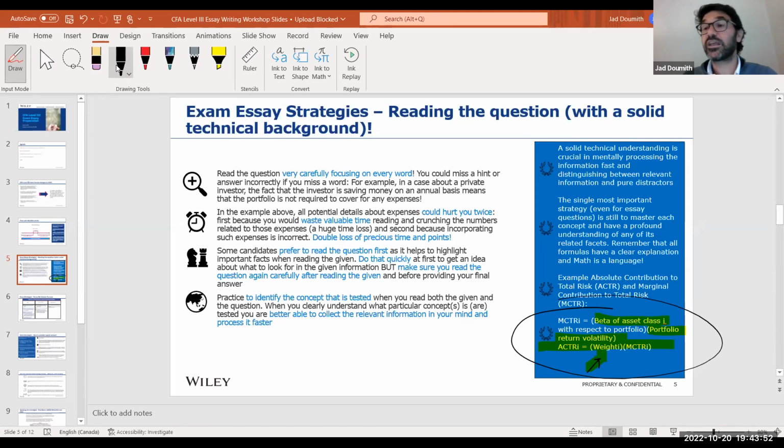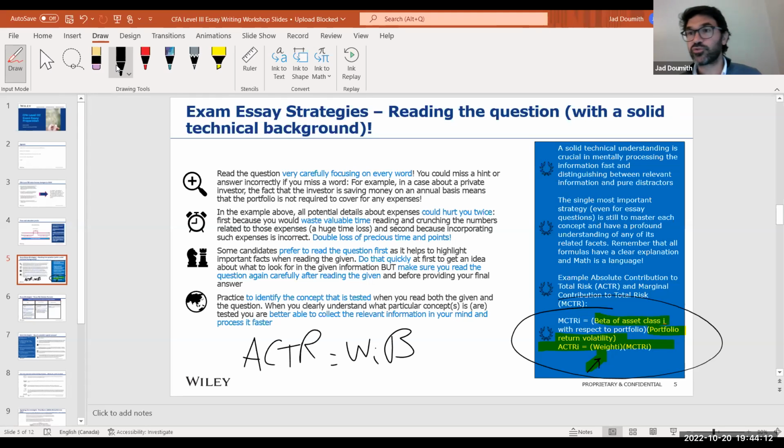So this is what they're saying, guys. An asset contributes to the total risk of a portfolio based on 3 fundamental factors: the weight that you invest in that asset, the beta of that asset in respect of the portfolio, so how sensitive that asset is to the portfolio, and then the standard deviation of the portfolio. There are 3 kinds of candidates, in my view.